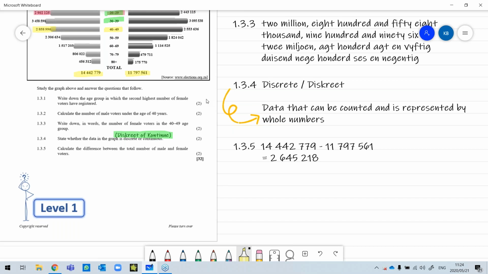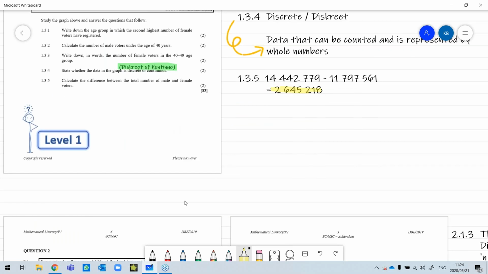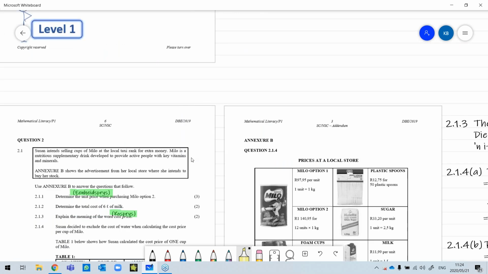So we take the total amount of females is 14,442,779, and from that we subtract 11,797,561, gives you a final answer of 2,645,218. Now finally, guys, we are finished with our level 1 questions.